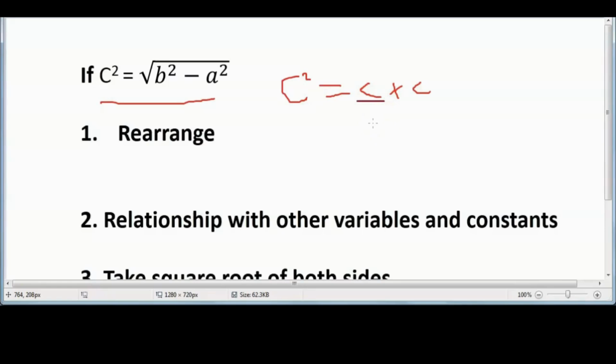So it will go like this. The square root of c square is equal to c, the square root of b square will be equal to b, and the square root of a square will be equal to a.